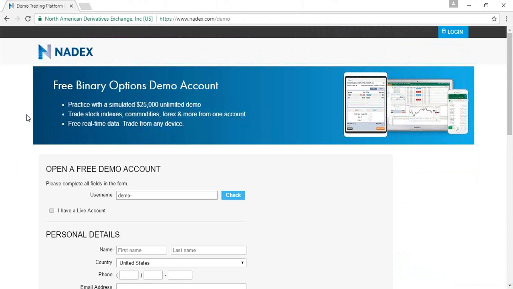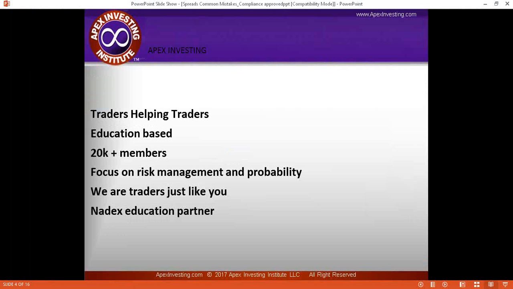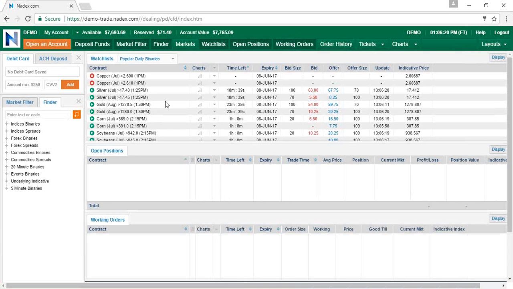And one of the very first things you need to take advantage of is Nadex will give you a $25,000 demo account. All you have to do is select a username, fill out some quick information, and hit submit. And in just a few moments, you'll get an email with a temporary password. You can log right into the Nadex demo account.